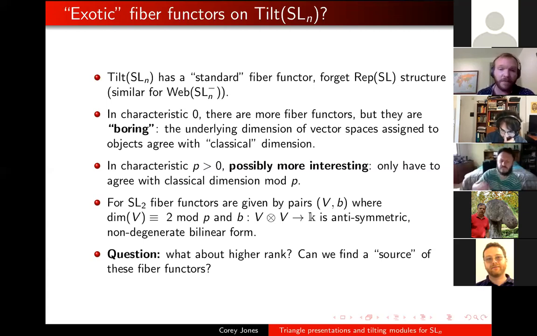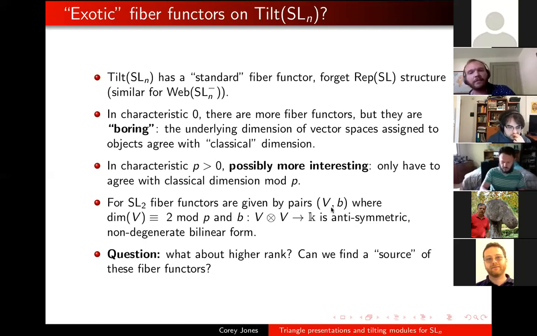And indeed, as a proof of concept for SL2, it's quite easy to find these things because it turns out that the rep SL2, the tilting modules, at least the web category, web SL2+, is essentially the free symmetric monoidal category generated by an anti-symmetrically self-dual object whose dimension is 2 in the field. And so you can just say, okay, what are vector spaces that satisfy that?